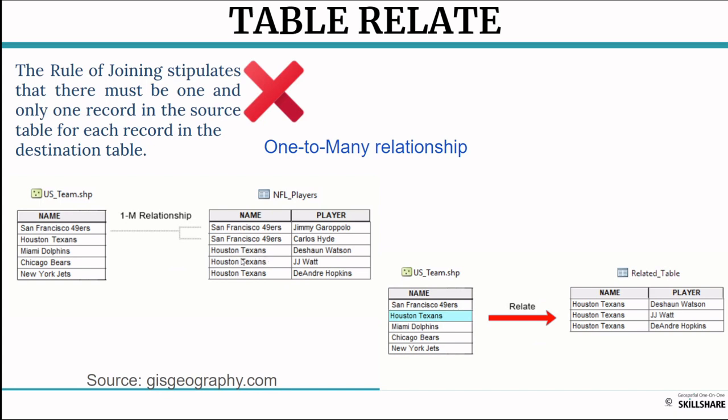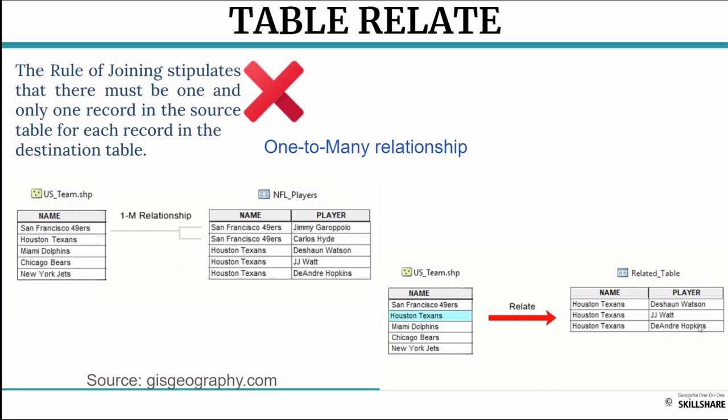And once it knows that there's a relationship between them, it keeps the two tables separate. But whenever you click on Houston Texans, it's going to pop up all the players that are related to Houston Texans.